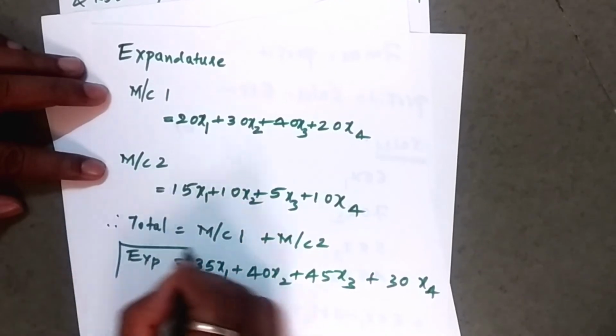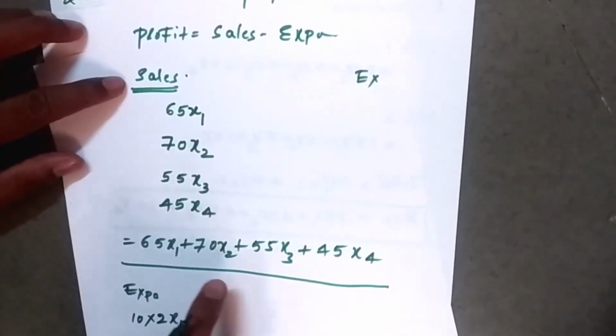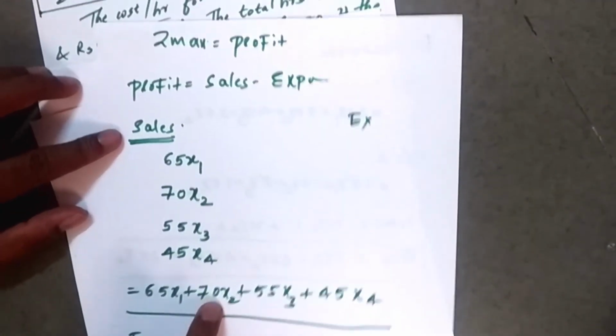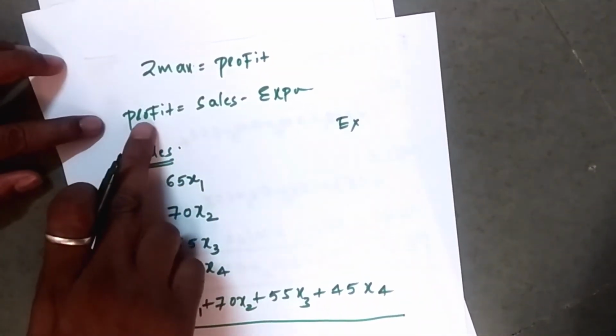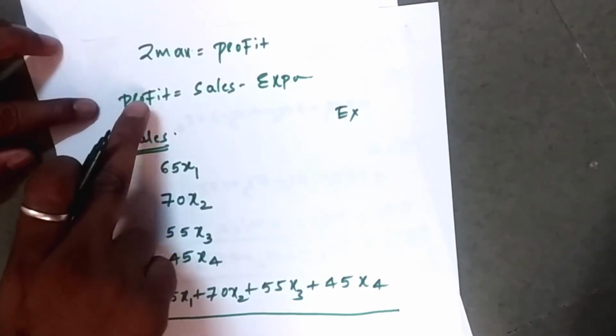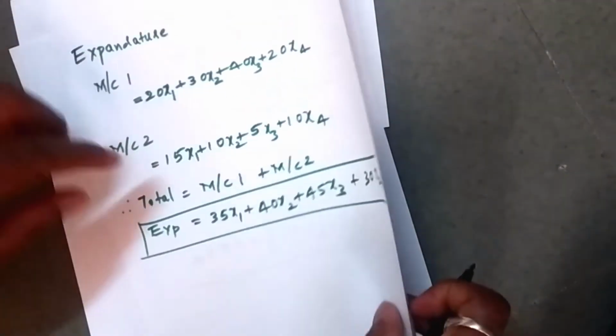So I have now got the expenditure equation as well as my sales equation. So this is my sales equation and this is my expenditure equation. So what is the final thing now? We should now calculate the profit. For that we need sales, which we have done here, and we have already calculated the expenditures.